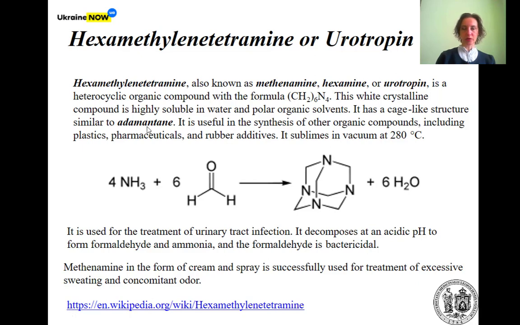This compound is used as an antiseptic for outside usage, and also for treatment of urinary tract infections. It can also be used in the form of a cream or spray for treatment of excessive sweating and unpleasant odor.